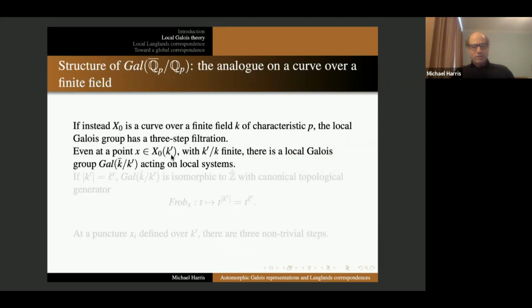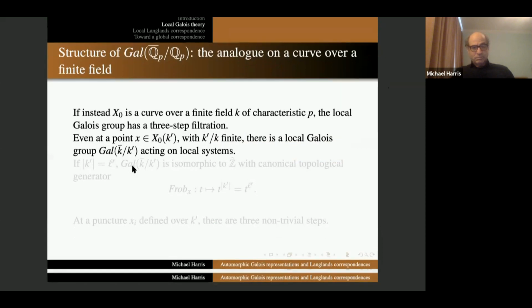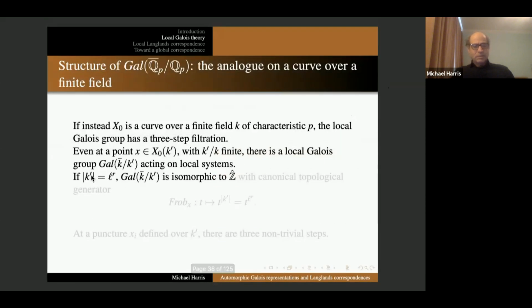Suppose we take a point on a finite field, then there is a local Galois group acting on local systems. So how does that work? Let's suppose that K bar is, oh, this is a misprint. This should have been p^r. I should have seen that. So suppose it has p^r elements.